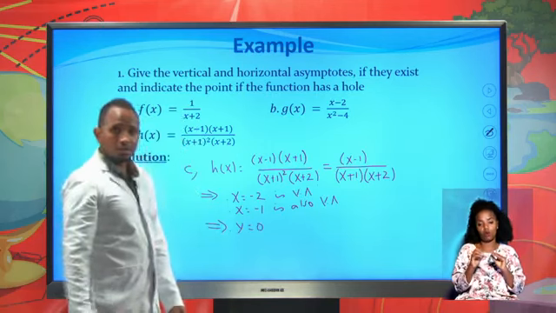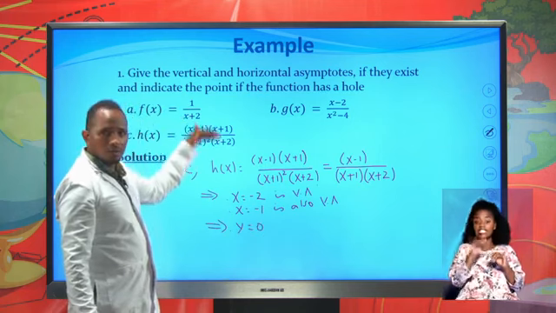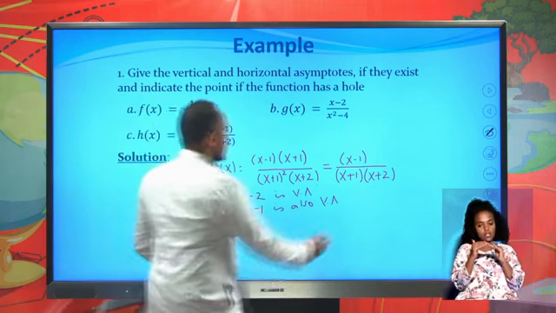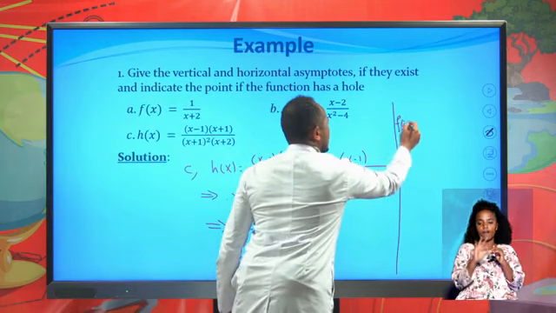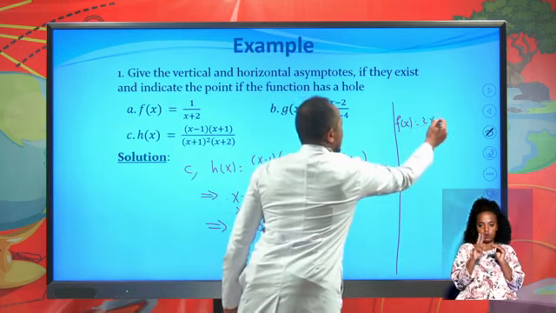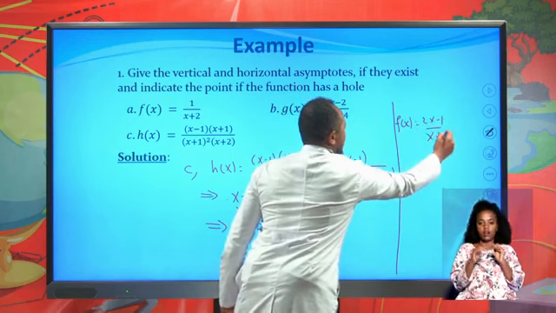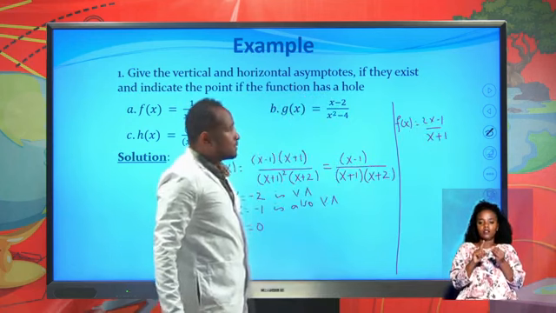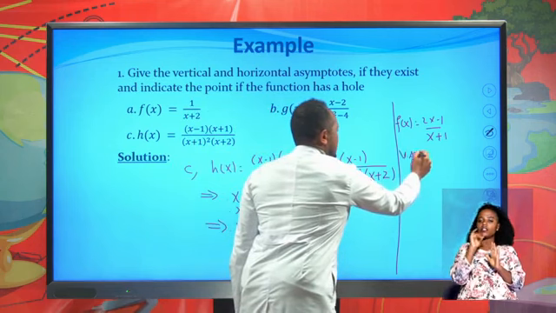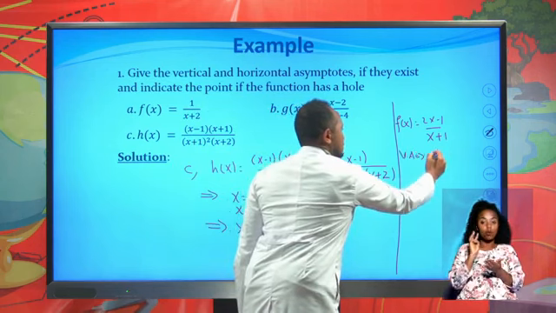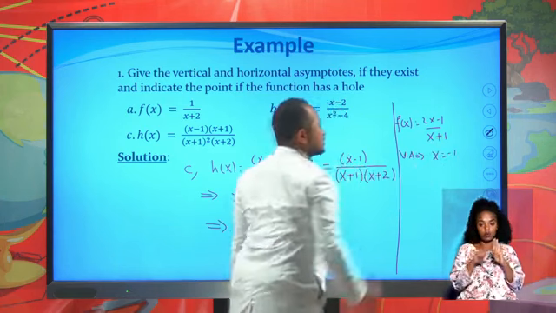By the way, if the degrees are the same, for example, if you have f of x is equal to 2x minus 1 over x plus 1, they have the same degree. The vertical asymptote of this expression will be x equals negative 1 because this makes only the denominator 0.